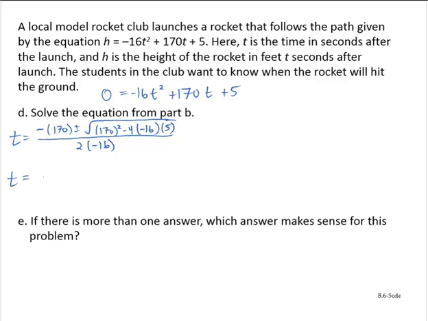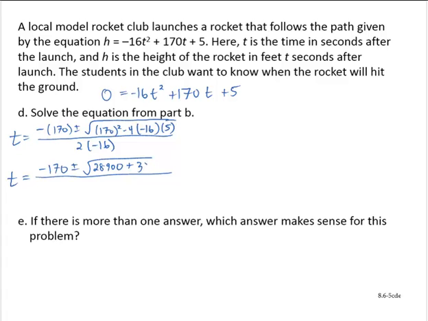Simplifying, negative 170 plus or minus the square root. Now let's see, 170 squared is 28,900. And negative 2 negatives gives us a positive, and 4 times 16 times 5 is... sorry, it should be 320.